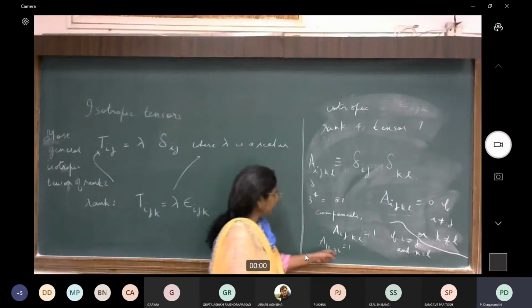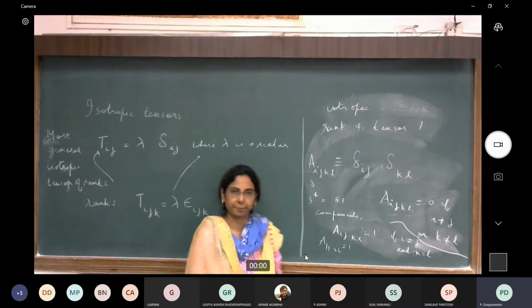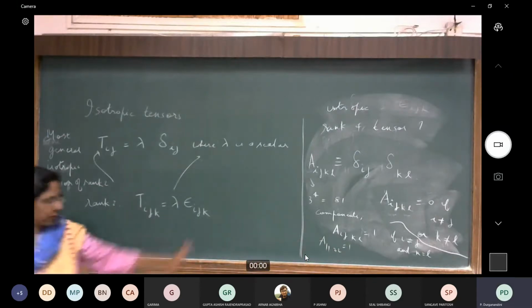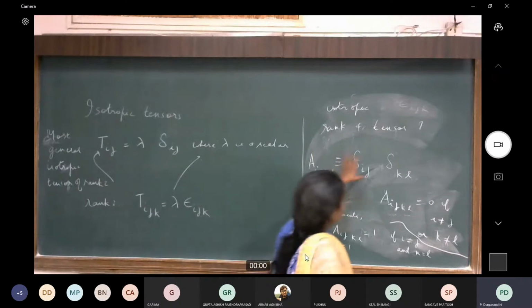It doesn't tell you that the first and the third index must be the same, so I can get A 11 22 to be 1. So you have got this, fine. So you actually know all the elements.